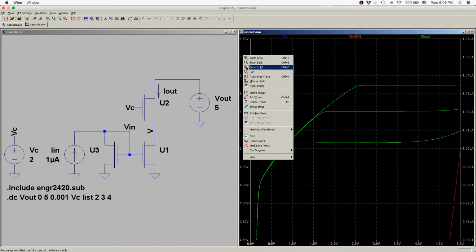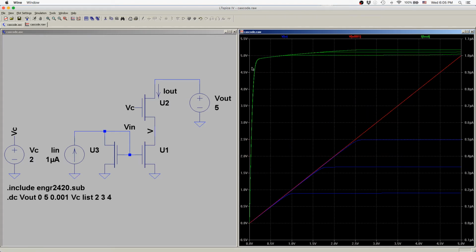So let me zoom this back to fit. Anyway, so we can see here, here's the output voltage that we're sweeping. This is just the identity line. And this is the voltage V for the 4 volt simulation, the 3 volt simulation, and the 2 volt simulation on VC.